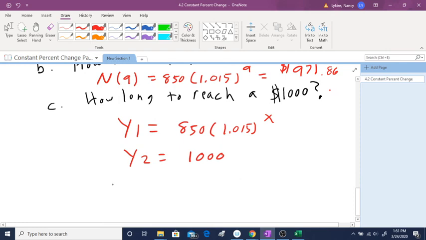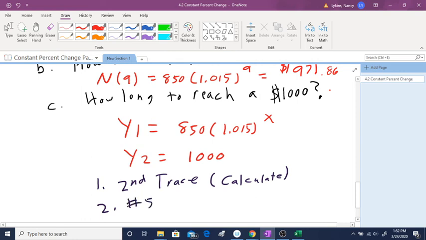The first step is to locate your second button. Then at the very top there's trace. So you hit second and trace, and that gives you the calculate. Once you hit the calculate option, you need to look at number 5, which is intersect.